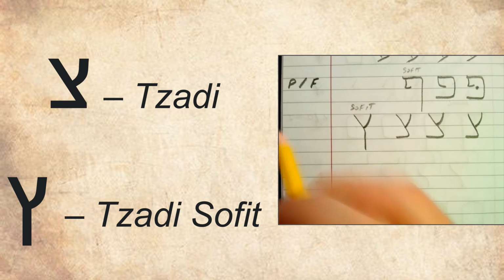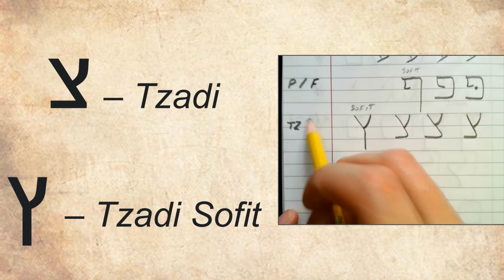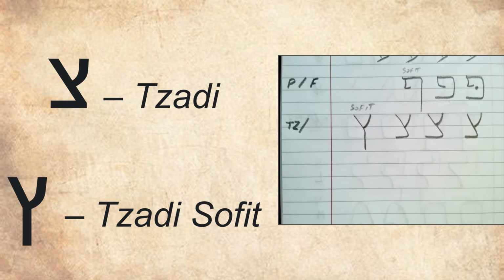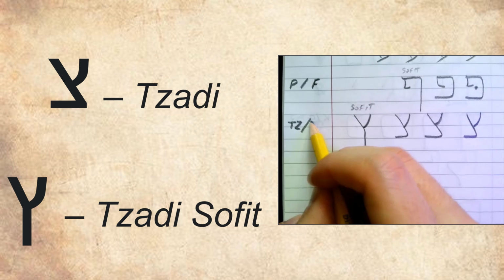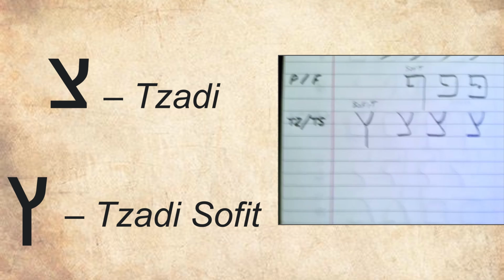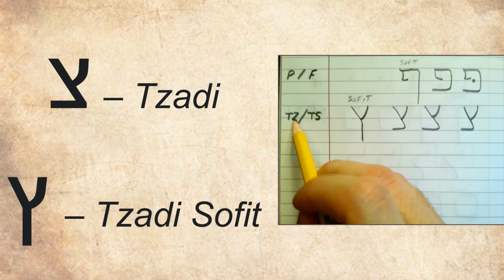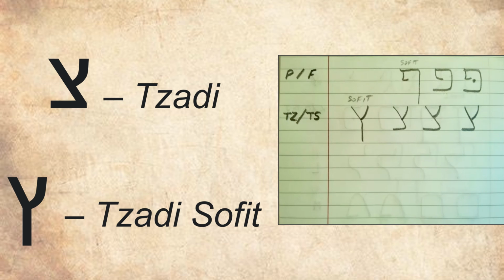The first, I really got used to TZ, as I'm sure you've seen if you're familiar with the concept of tzitzit, the fringes on the edge of a talit, a Jewish prayer shawl. But another way, which is preferred by Professor Garber, he says you should write TS. Okay, TS, and I've seen both prominent within the Hebrew learning community. So you use TZ or TS to transliterate the letter Tzadi or Tzadi sofit.